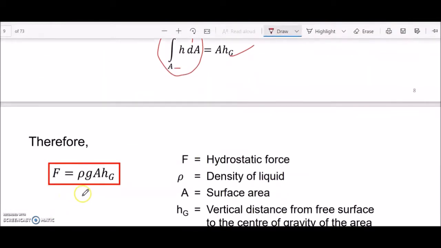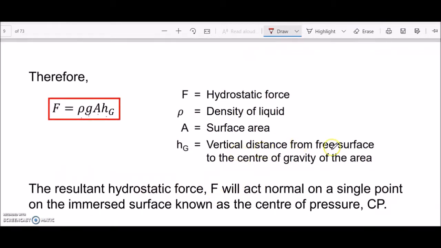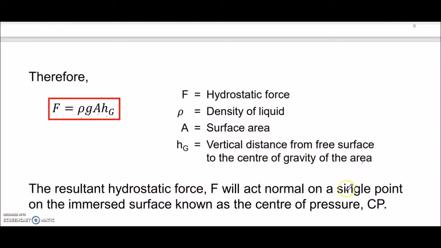Therefore the force becomes rho times gravity times area times h_g. What is h_g? It is the vertical distance from the free surface to the center of gravity of the area.